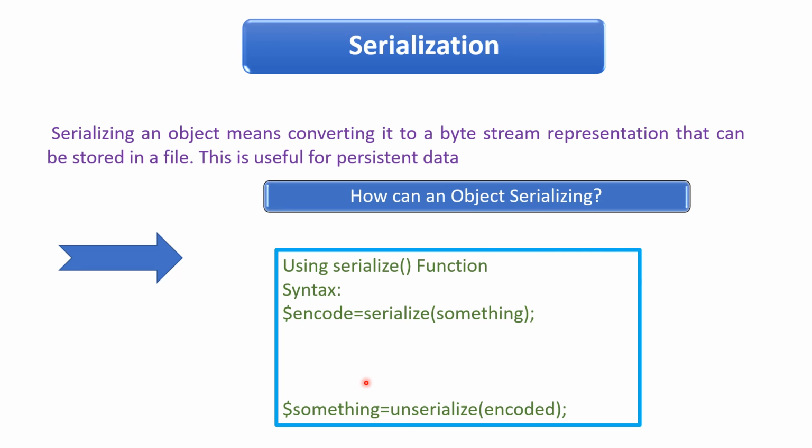Then PHP has two hooks for an object during the serialization and unserialization process. The first one is the __sleep method and the __wakeup method. These methods are used to notify objects that they are being serialized and unserialized. The sleep method is called on an object just before serialization.